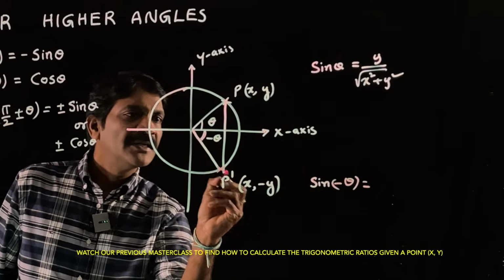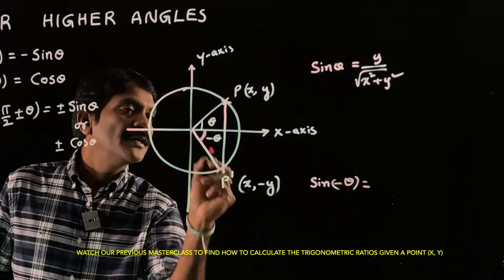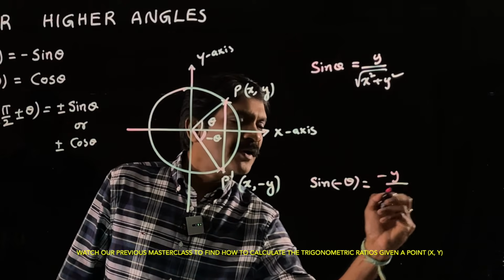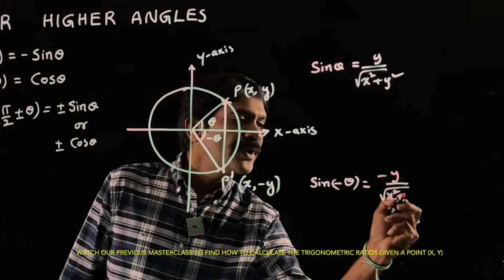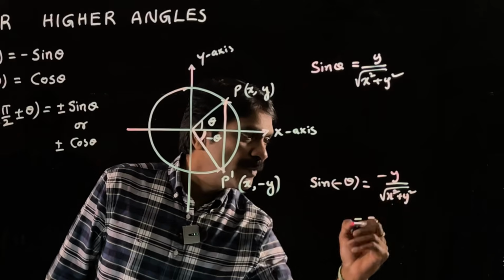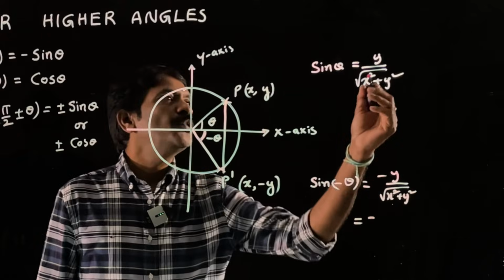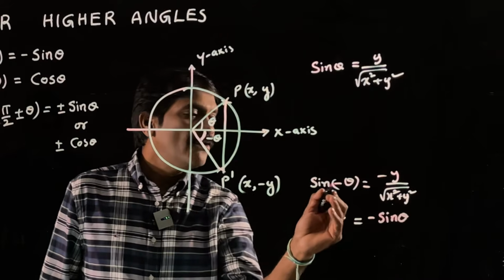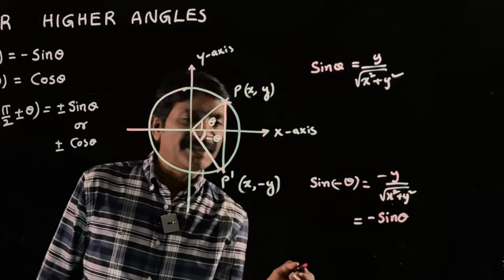So sine of minus theta is negative y by under root x square plus y square. If you take this minus common, y by under root x square plus y square is sine theta. So sine of minus theta is minus sine theta.